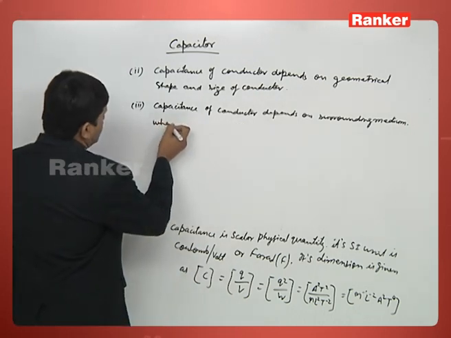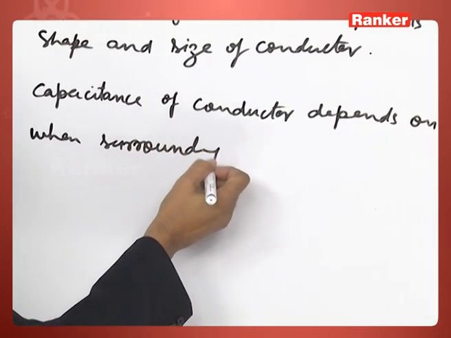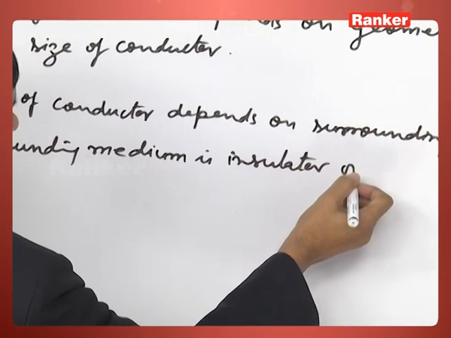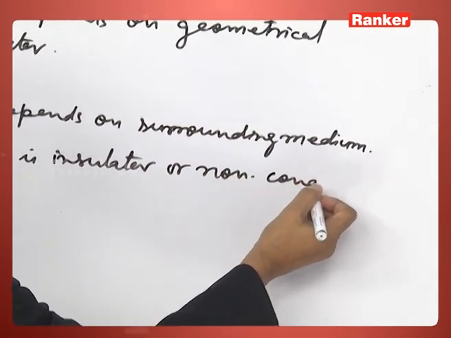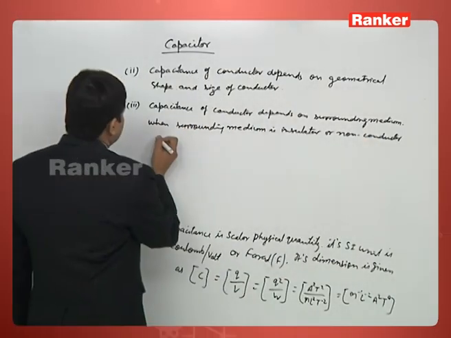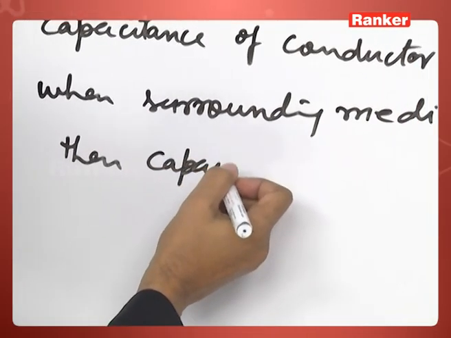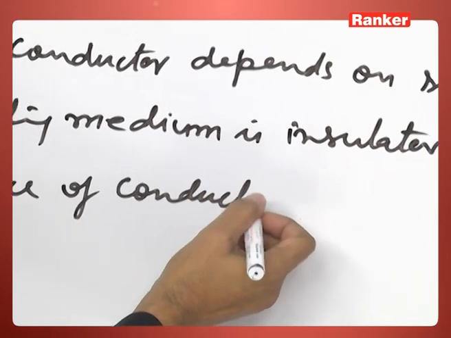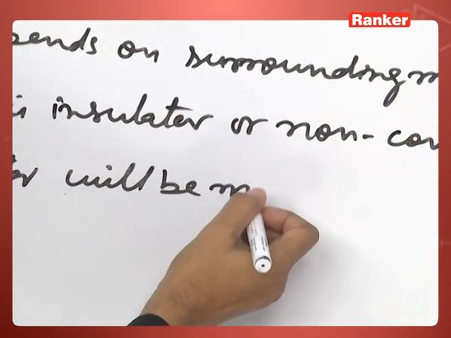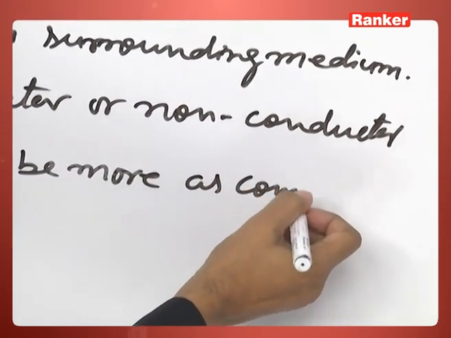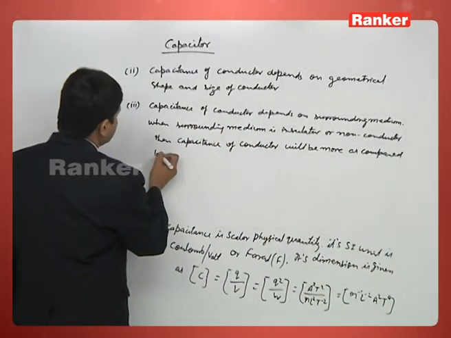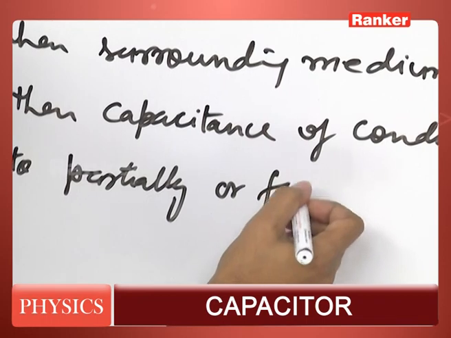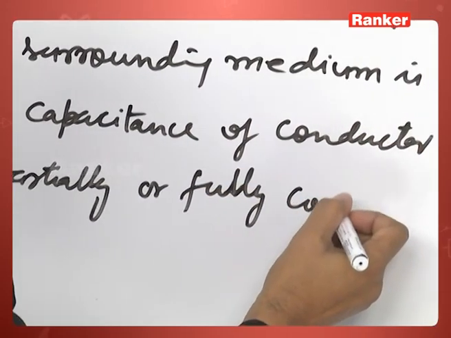So we can write: when the surrounding medium is an insulator or non-conductor, then the capacitance of a conductor will be more as compared to a partially or fully conducting medium.